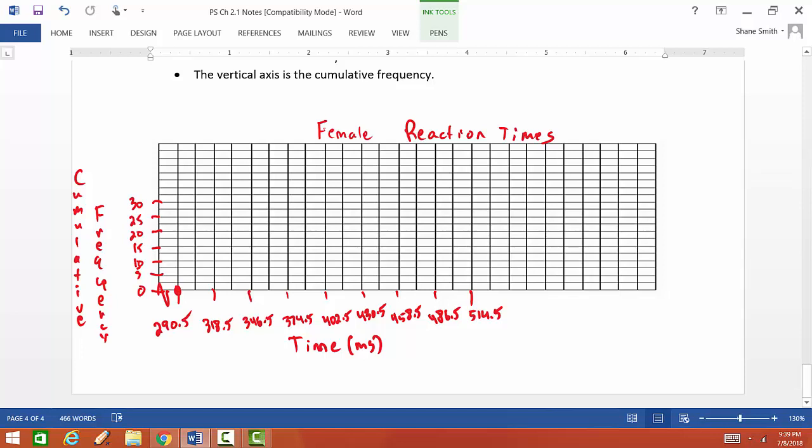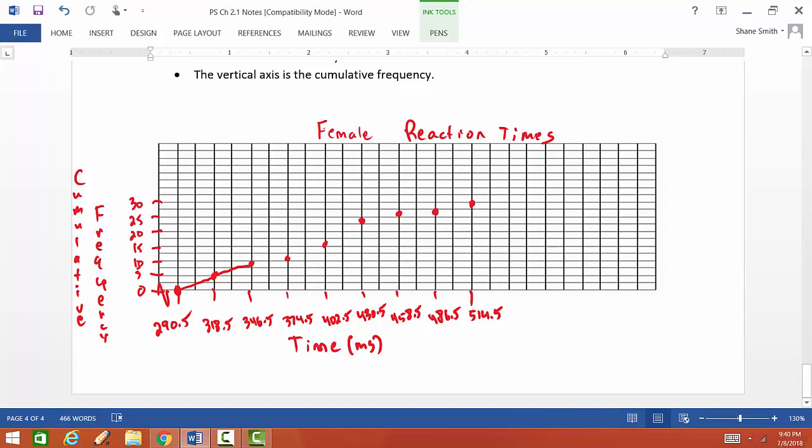Now we use the cumulative frequencies, which are 5, because that's basically everything in the first class, plus 4 is 9, 12, 17, 23, 27, 28, 30.